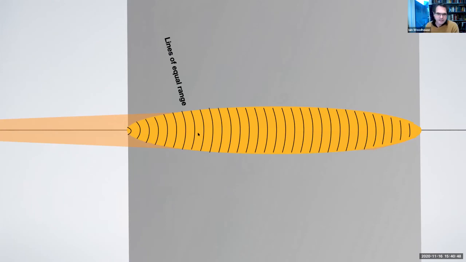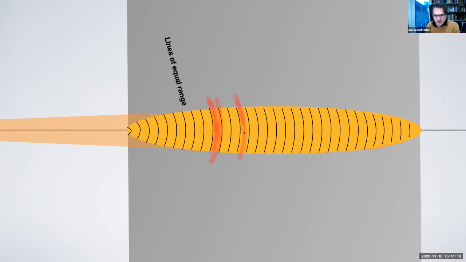So each of these boxes you can think of as representing a range bin. All the echoes that come back in this time period get put into that pixel.